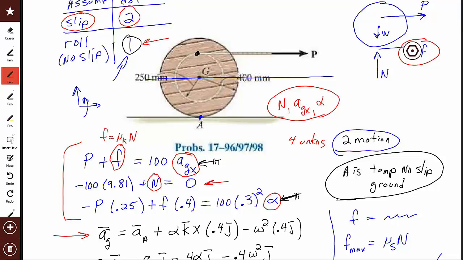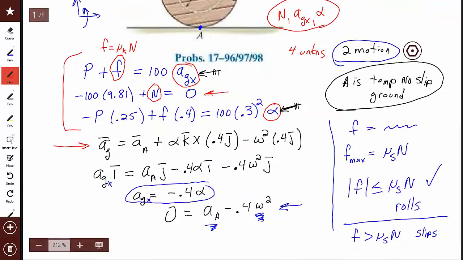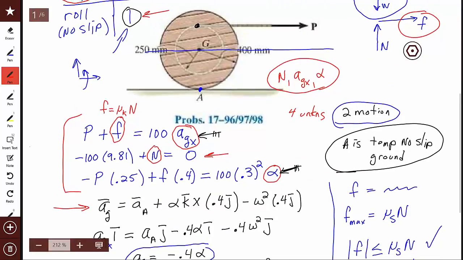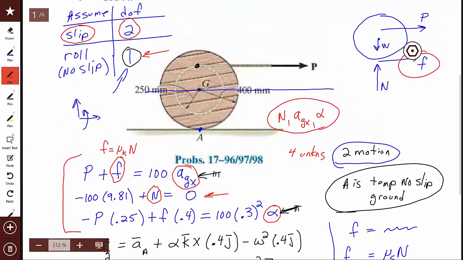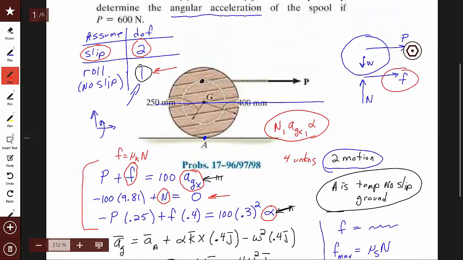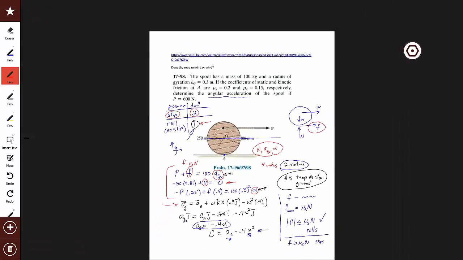The alpha and the AG are not related to each other because it's slipping. So actually, the slip problem is a little easier. You don't need the special points equation, and you only have 3 to solve, and it comes out much quicker. So that's the solution of that. I also show in Mathematica, which is posted, how to actually get numbers for this as well.